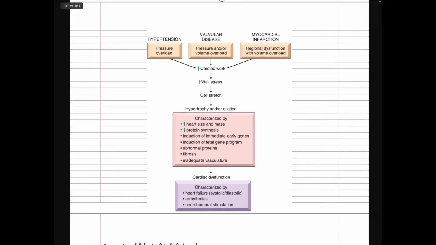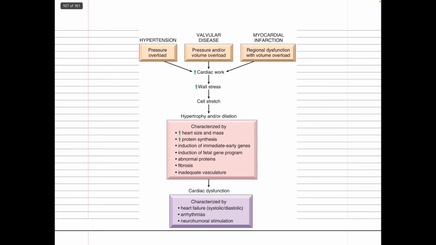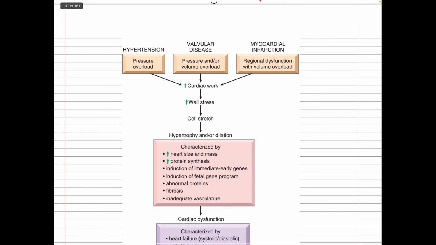Now let's summarize the hypertrophy process. In hypertension, that is due to pressure overload, in valvular disease, that is due to pressure overload and volume overload, and in myocardial infarction, that is due to regional dysfunction due to necrosis plus volume overload, this increases the cardiac work.